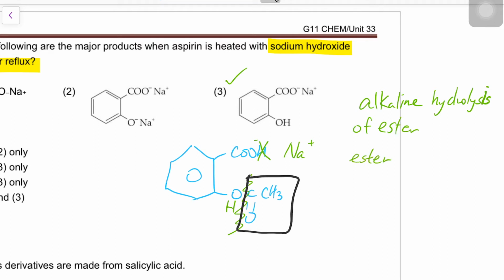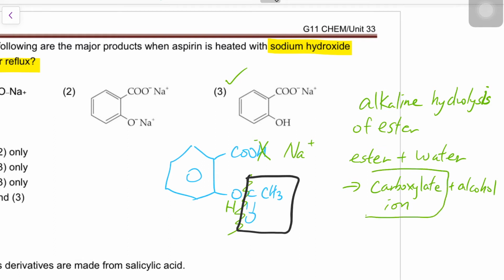Ester reacts with water to give you carboxylate ion and alcohol. Now, we got an alcohol already. The alcohol is connected with the benzene ring. So what will be the carboxylate?